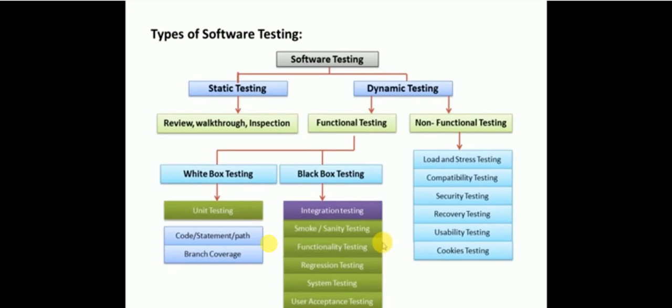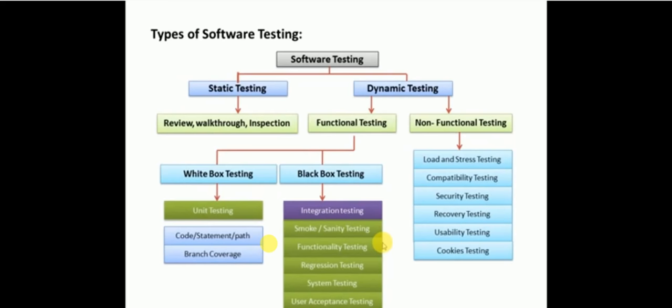If the user is not able to log in, the further tests cannot be executed, because there are lots of dependencies on login. Unless a user logs in, he won't be able to check the my account page and many other things. In the same way, if a user is not able to make any payment, because there are some payment related issues, then the further level of testing cannot be executed. So this comes under smoke and sanity testing.